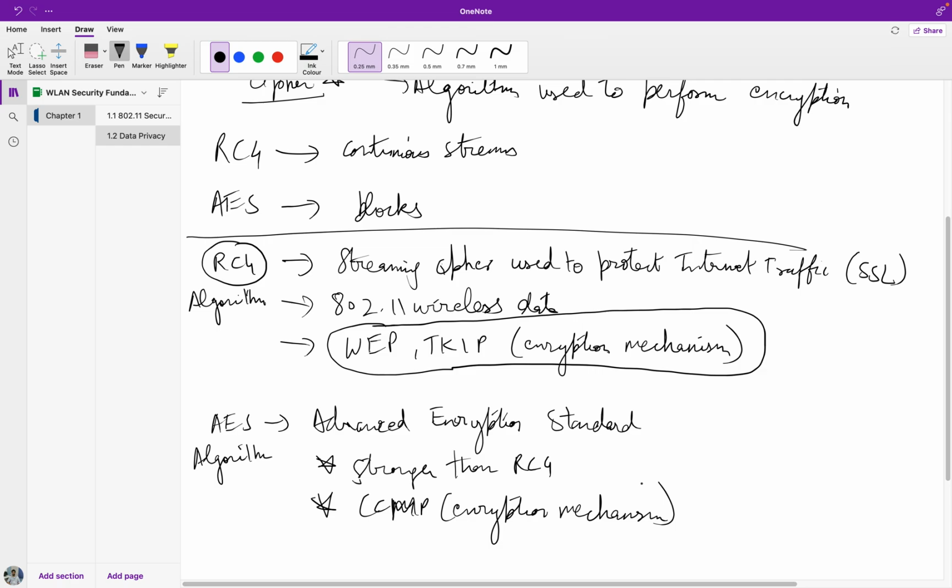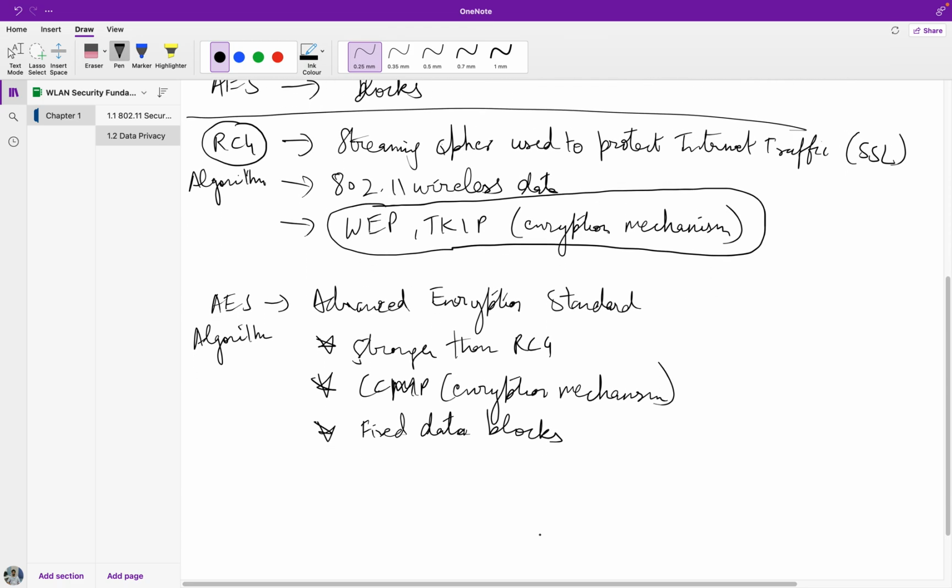Now this AES algorithm encrypts data in fixed data blocks, as I said, right? It is used to encrypt data in fixed data blocks, not like the streaming cipher. It's a fixed block encryption cipher. Now the encryption key strength can be 128 bit, 192 bit, or 256 bits.